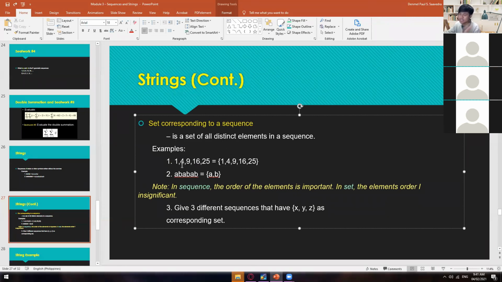That is now the string format. So it's basically transforming a set into a sequence into a string. Okay, the same with this one. We have this set, and then we have this sequence or string rather. This is already a string because there is no comma anymore.